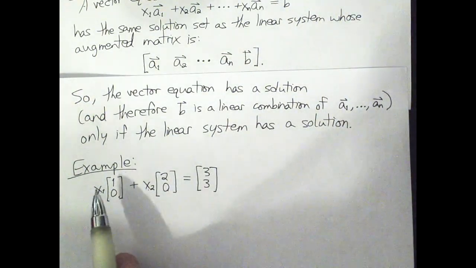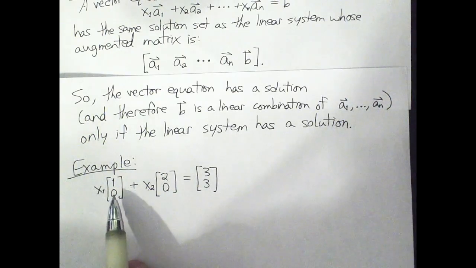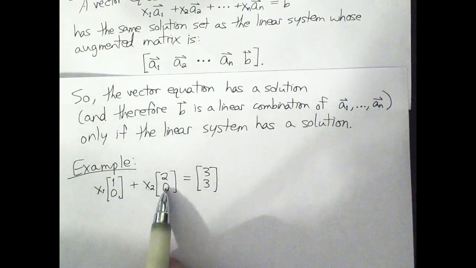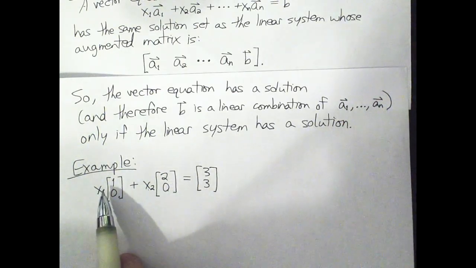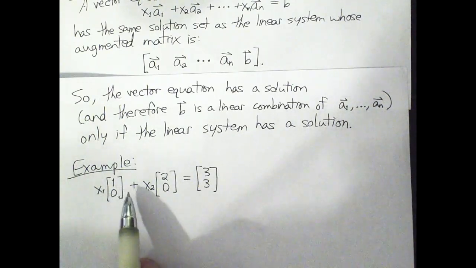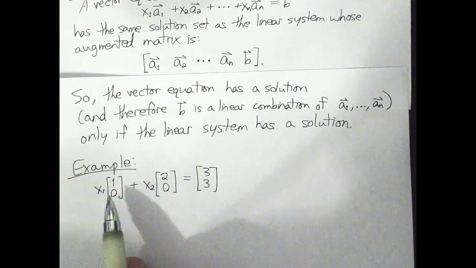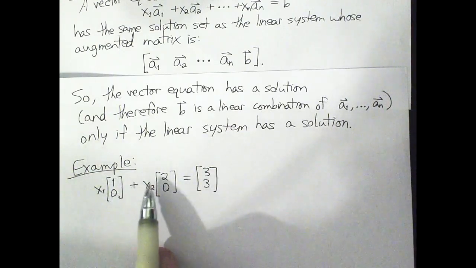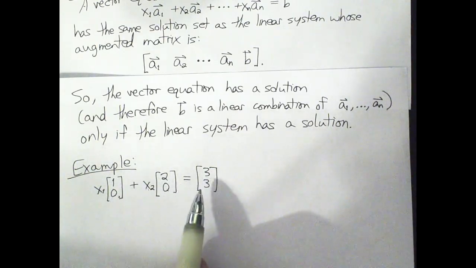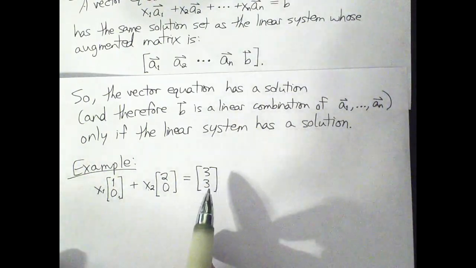The reason is this 0 and this 0. I don't think there's any weights that, when I put this all together, are going to give me a 3 down here. Something times 0 plus something times 0 equals 3. That doesn't seem like it's going to work.